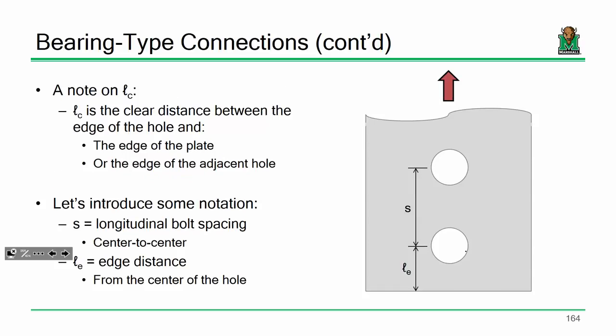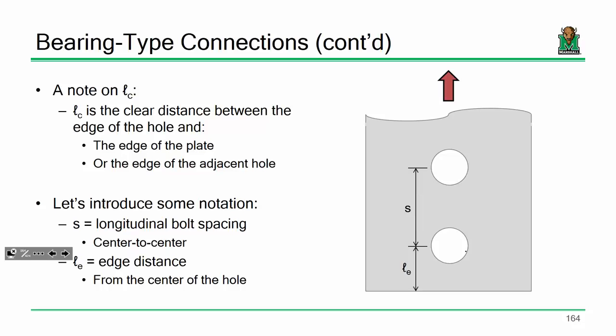Okay. Now, let's talk about this L_C a little bit. So I've got here just a single plate. I've got 2 bolts in it, and I'm going to introduce some terminology for you. I say introduce, but you've seen this before. That's S, okay? So S is the longitudinal spacing along the connection. Remember, if we were talking about transverse spacing, we'd call that g, right? Because that's how we got our stagger factors earlier.